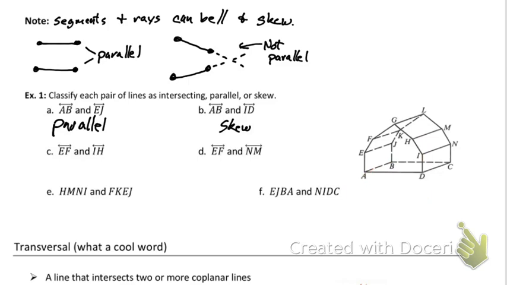The next one is EF and IH. Walking around this classroom and the other classroom, this is kind of the most missed one out of all of them. Note that they don't say segment EF or IH. It says the full line.